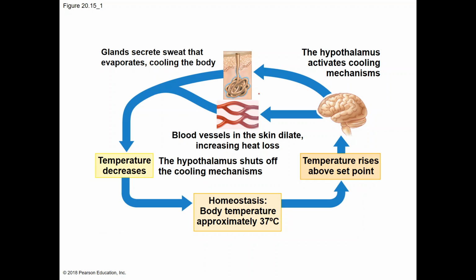So what happens? This is the system that we're relying on to maintain our homeostatic temperature. If our temperature decreases at a certain point, what's going to happen? It's going to trigger, like if you have your thermostat in your home set to make the heat come on if the temperature goes below 68 degrees, that's kind of this trigger right here.